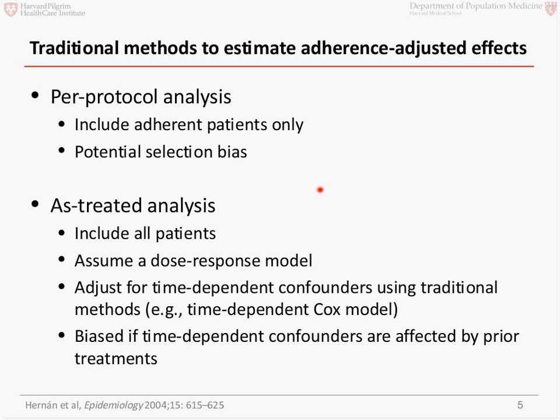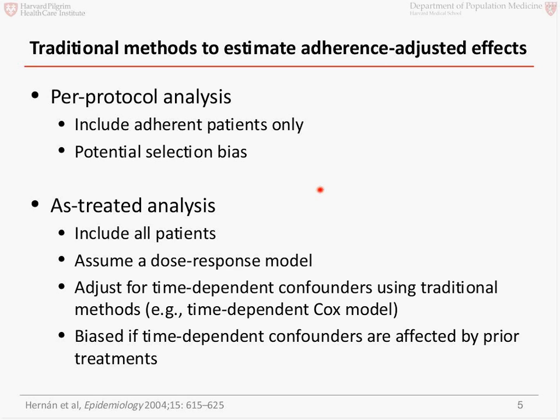You include them, but in the analysis, you need some sort of dose-response model to link the duration of therapy to the risk of outcome, or whatever you think the functional relation would be. Maybe it is the dosage, maybe it's some other function of the intensity of treatment. Basically, in this analysis, you need to make an additional modeling assumption to include all patients in your analysis.